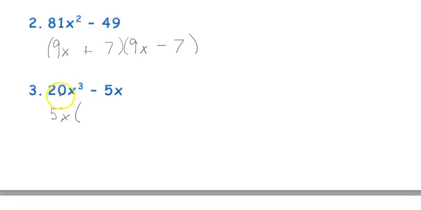And if I take that out, 20 divided by 5 is 4. And I'm left with an x squared. And if I take the 5 out and the x out, that leaves me with a 1. So far, this 4x squared looks good. And you also have to remember 1 is a perfect square because 1 times 1 is 1, or the square root of 1 is 1.